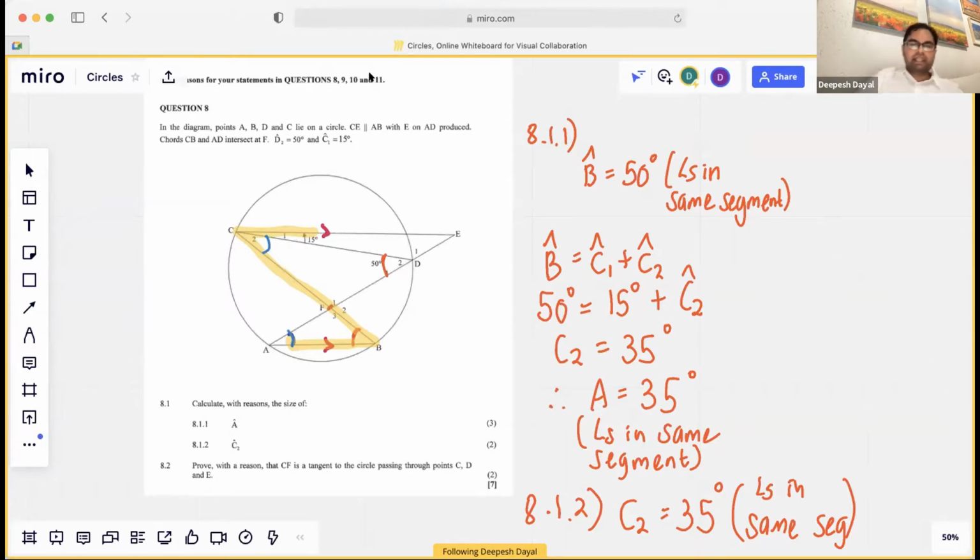Now we can move to the next one. It says, prove with a reason that CF is a tangent to the circle passing through the point CDE. So here we can draw a circle. I'm going to clear this diagram, but I'll put the angles in again.